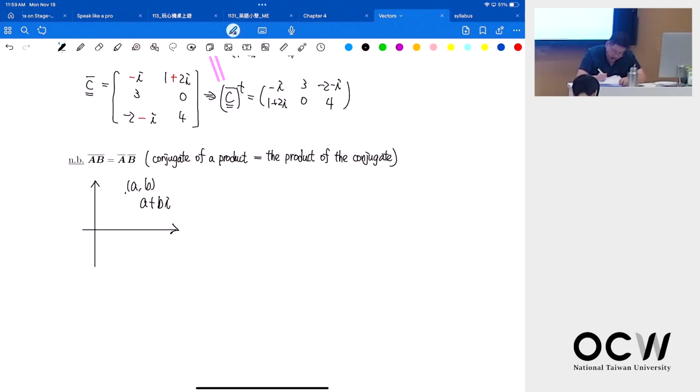And then the conjugate is kind of like a mirror. They project to here, a minus b. It's like a reflection across the horizontal axis.